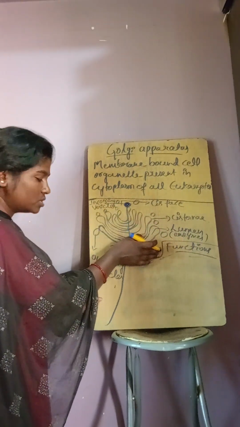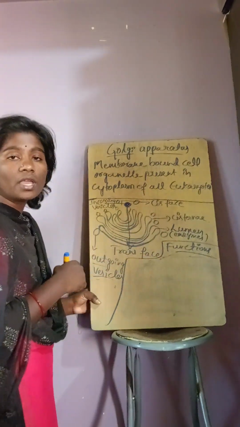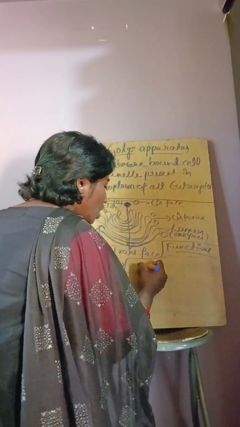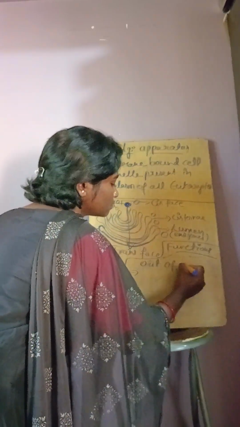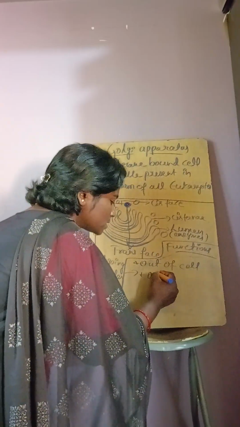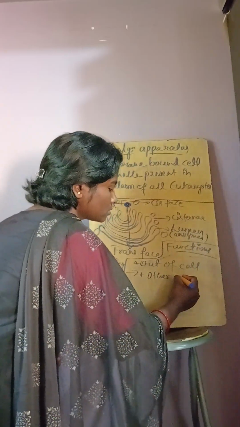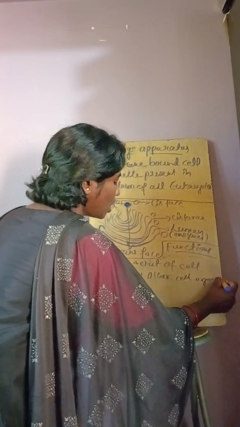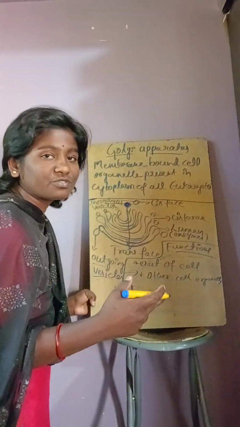In the lumen region. Okay, so the outgoing vesicles may go to other destinations like out of the cell, to other organelles, or to another part of the cell.